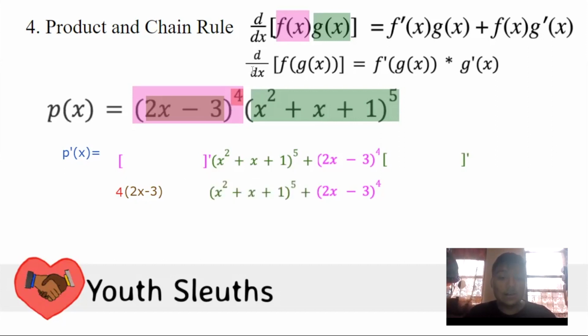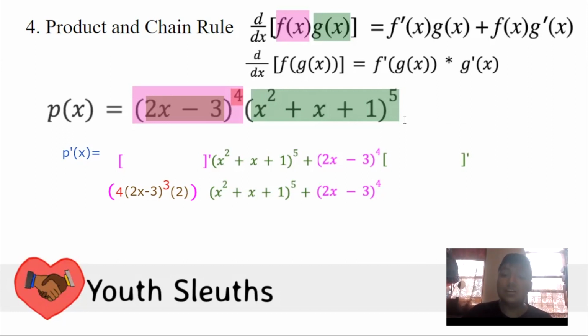Now, in the exponent, we have 4 minus 1 since we're deriving, so we have 3. Now, we multiply g prime of x. So, we derive 2x minus 3, and we have times 2. So we have f of x derived.